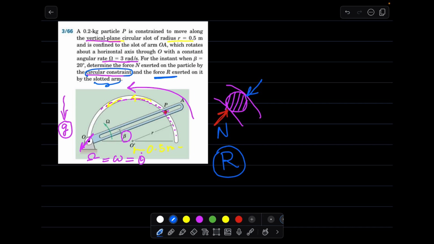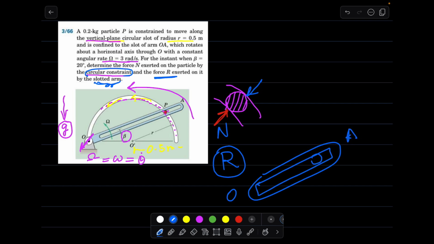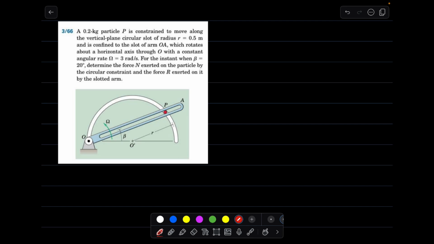As per the problem, it is the slotted arm O2A, and this will create a force on this body. So we have to find this R force. Before we solve this problem, let's get some concepts.